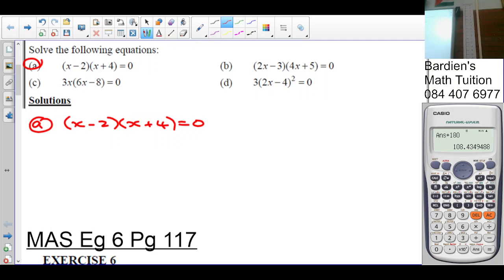So we have two factors being multiplied and giving an answer of 0. So what we do is we say it's either x minus 2 is equal to 0 or x plus 4 is equal to 0. Can you see that? So now you solve for x in both cases.